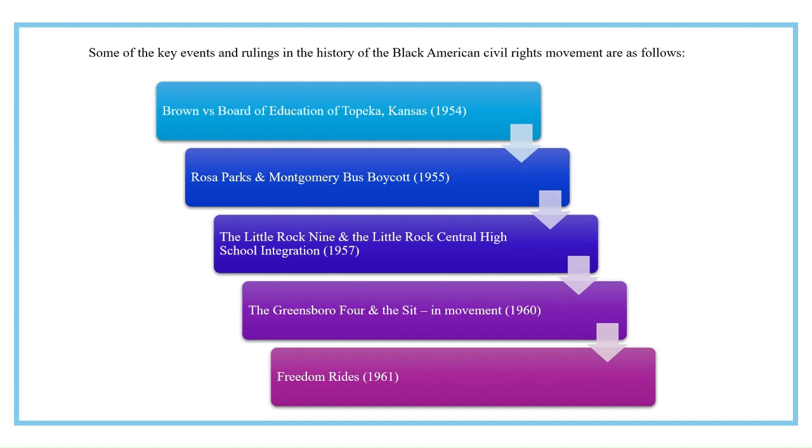Fourth, the Greensboro Four and the Sit-in Movement, 1960. On February 1st, 1960, a group of four African American students from the Agricultural and Technical College of North Carolina began a sit-in movement in downtown Greensboro. After making purchases at the F.W. Woolworth department store, they sat at the whites-only lunch counter.